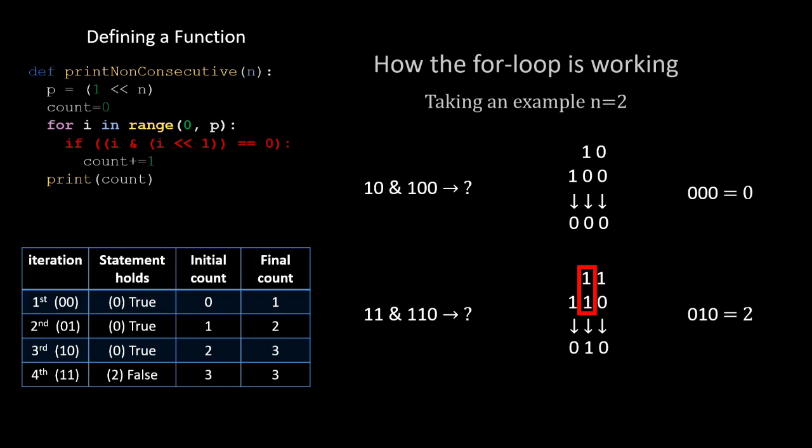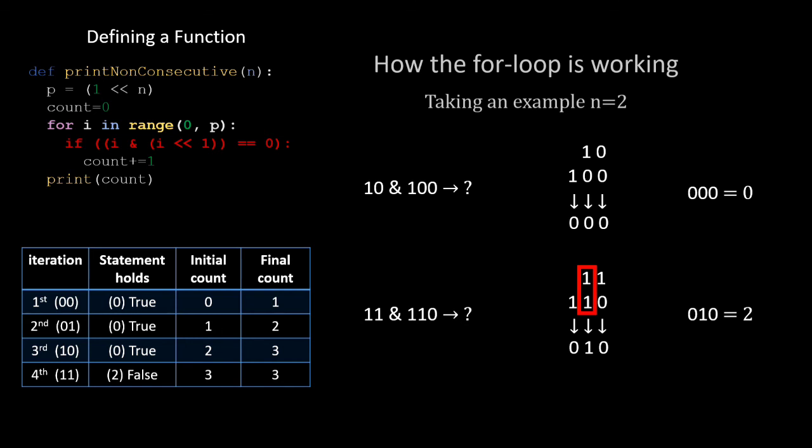So this is how we are using this statement in our function. So you see in the table, the third iteration, it holds true. Initial count was 2, final count incremented by 1, becoming 3.